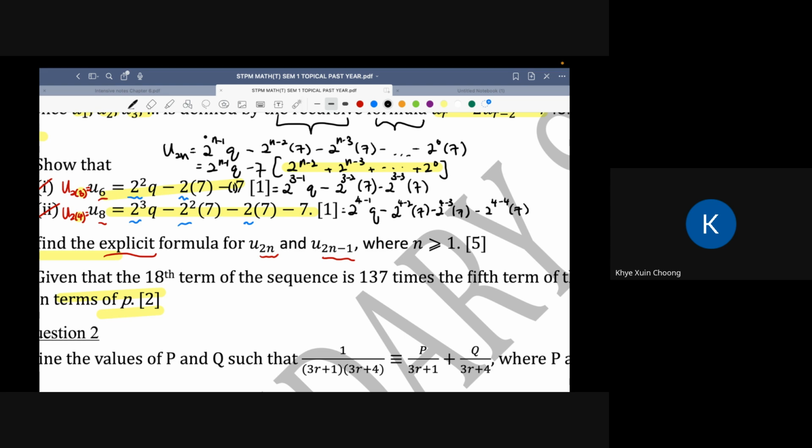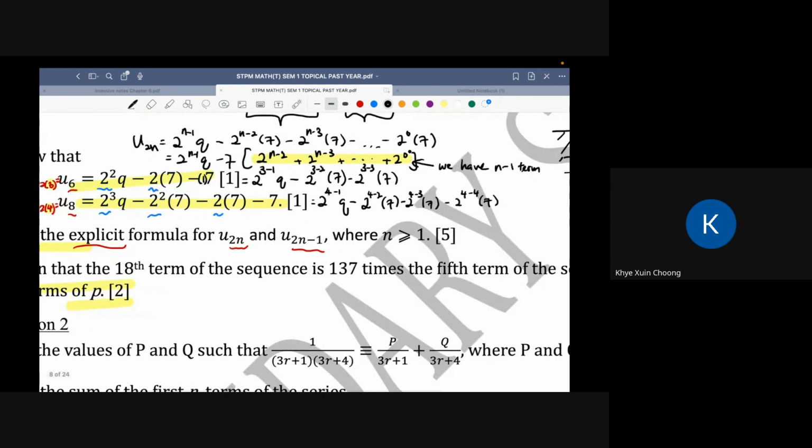Here we have n minus 1 terms, because it starts from 0 and counts until n minus 2. So you use the sum to n minus 1 terms formula, S n minus 1.